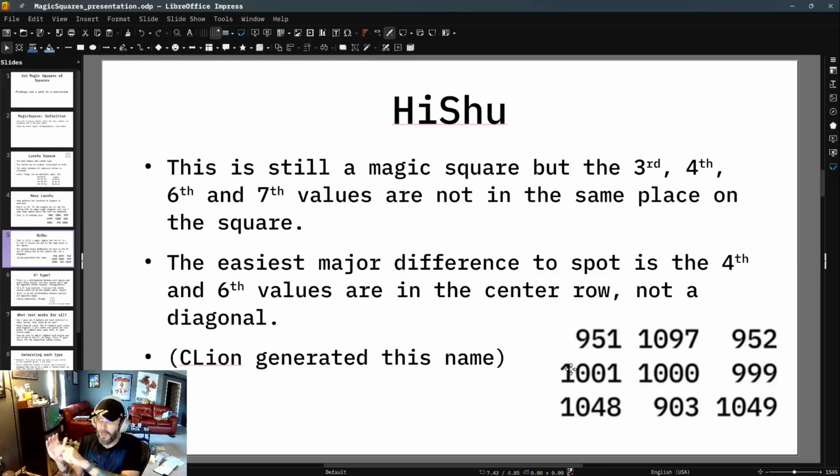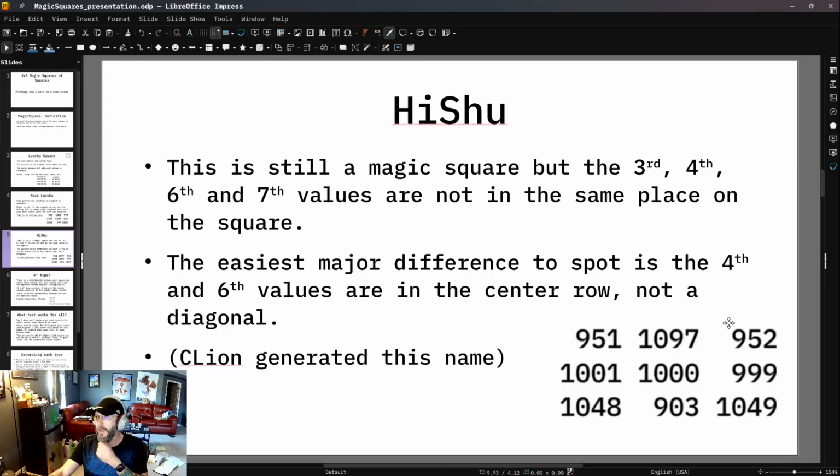4, 5, and 6 go from right to left across the center rather than being the upper right and lower left diagonals. So we have a completely different type of magic square that doesn't fit the configuration of the original magic square, but everything still adds up to 3x. That's it.